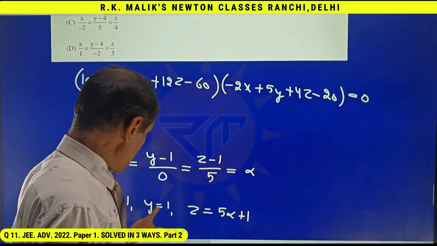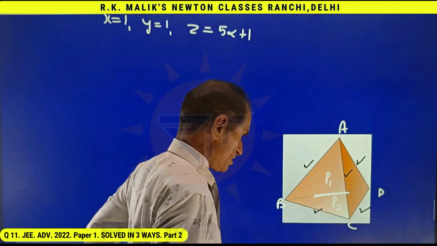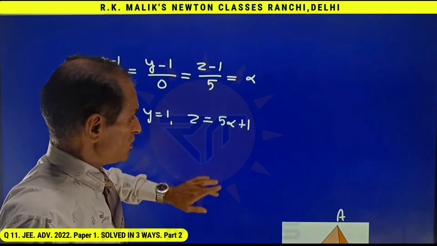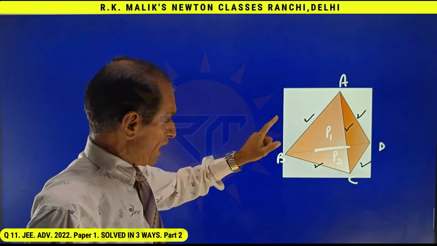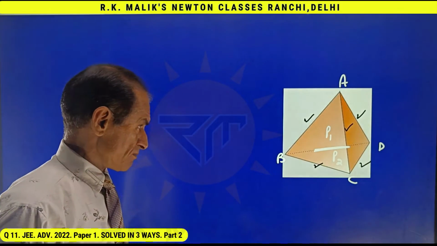By putting the value of alpha here, I'll get the coordinates of the point B or D. Therefore, this line will be an edge of the type AB or AD.